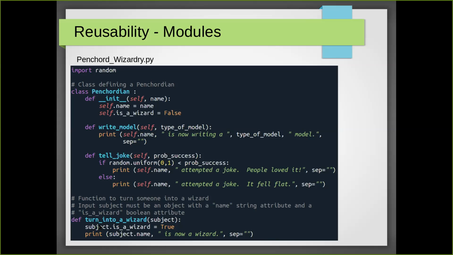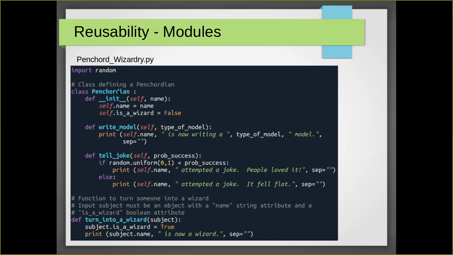And then separate to that, I've also got this standalone function down here that I've called turn into a wizard. So I've got my turn into a wizard function, which takes as an input a subject. And I put in the comments that whatever subject is passed into this function has to be an object with a name string attribute and is a wizard boolean attribute.